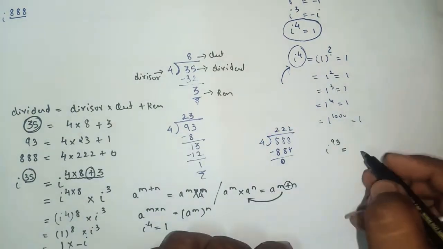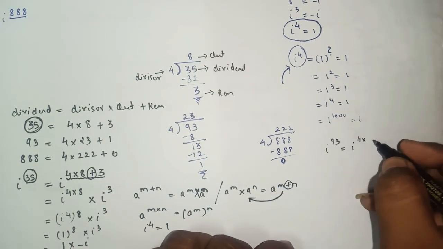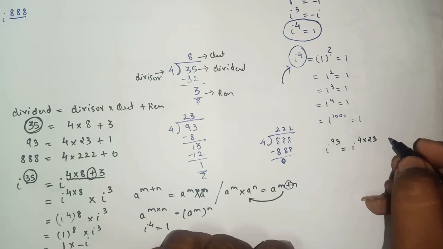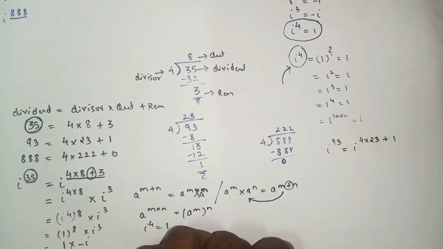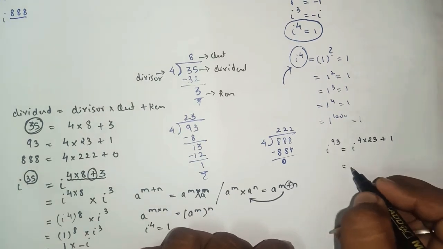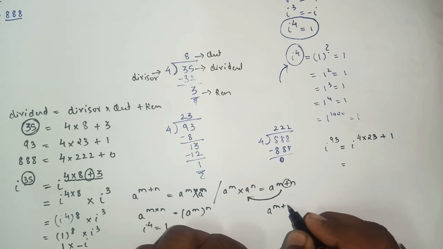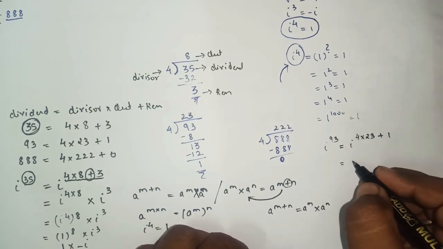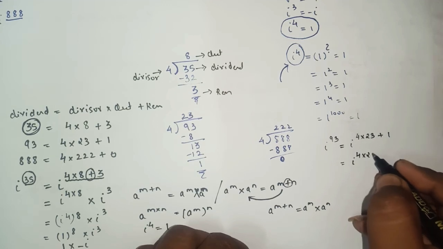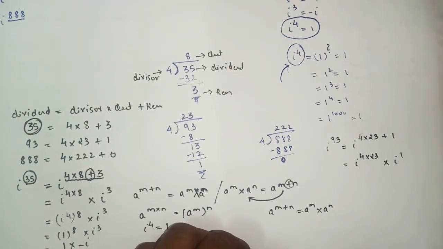So we can break this dividend as I raised to 4 into 23 plus 1. By using the formula a raised to m plus n, we can write a raised to m into a raised to n. So this we can write as I raised to 4 into 23 into I raised to 1, yes or no?